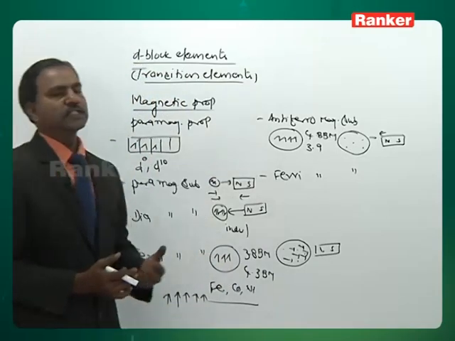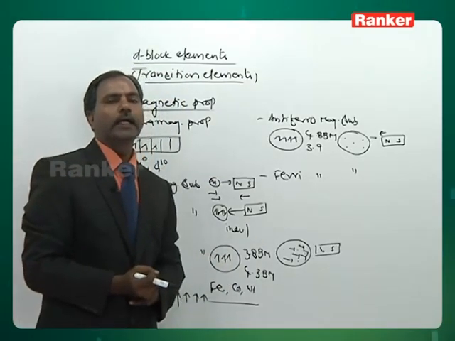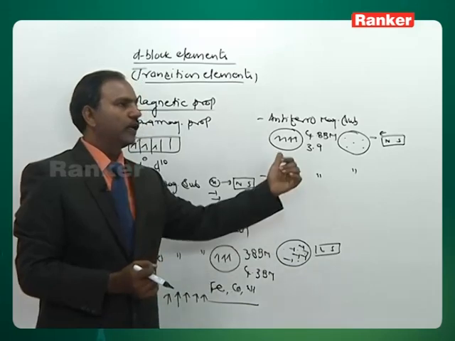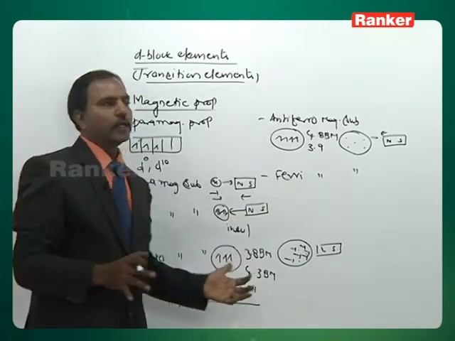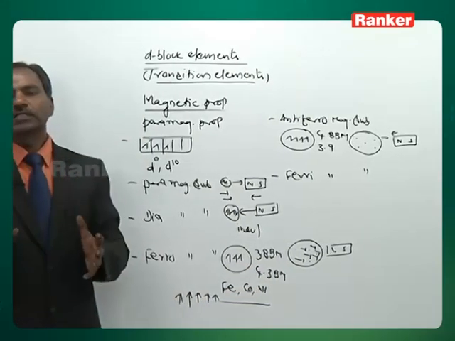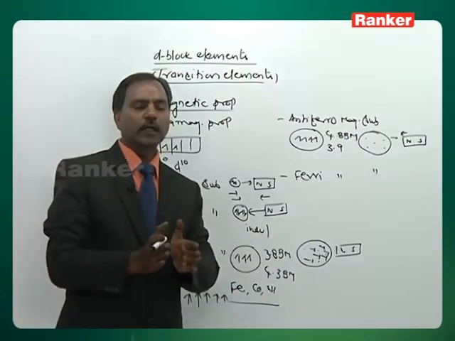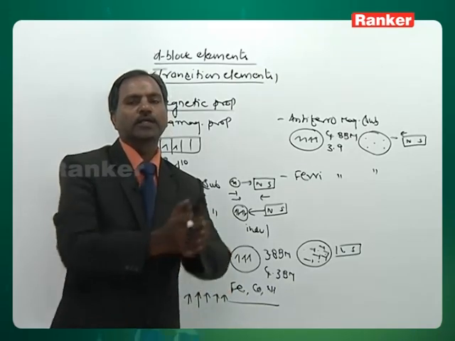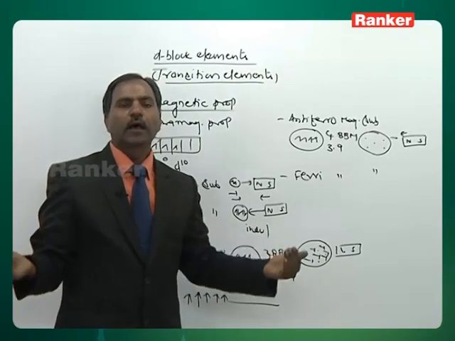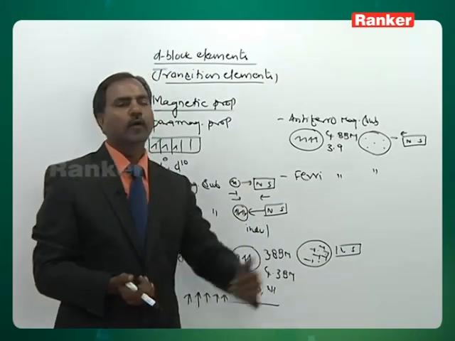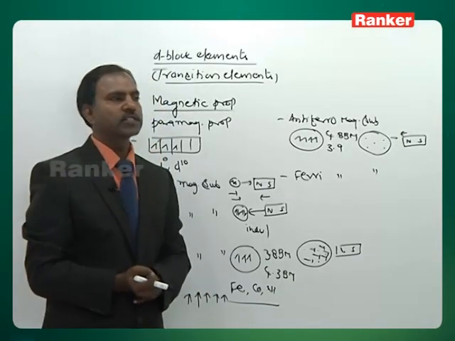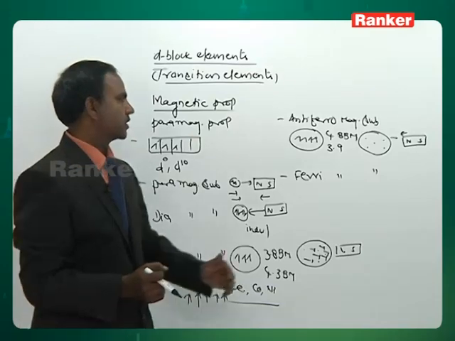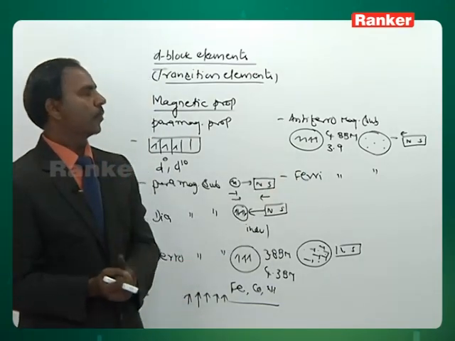Therefore, that substance exhibits antiferro property. In a ferro substance, the paramagnetic centers are near to each other, aligning in the same direction. Once they are away from each other, alignment is not possible, so the substance exhibits antiferro property.